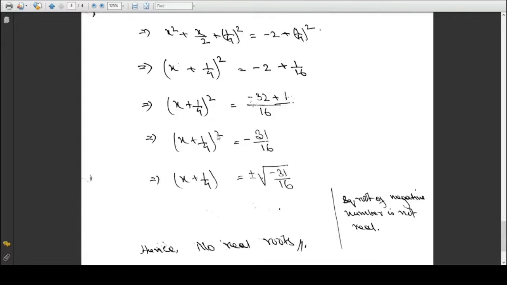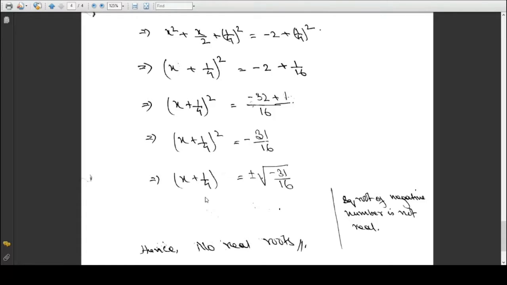And when you remove this square from here, it will be plus minus root over minus 31 by 16. Now here the square root of a negative number is not real. Therefore, we cannot find the value of x from here. We can simply write, hence the given equation has no real roots.